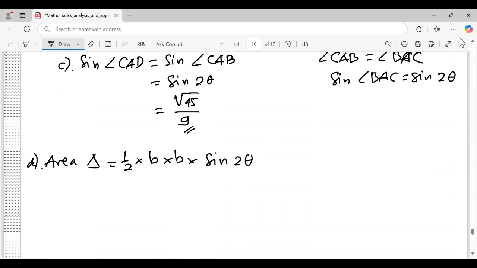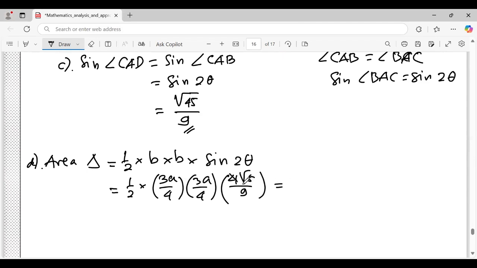B is 3A over 4 from our previous solution, and sine 2 theta is 4 square root 5 over 9. 4 divided by 4 equals 1, and 3 times 3 equals 9, which cancels. So we get square root 5 A squared over 2 times 4, which is 8.